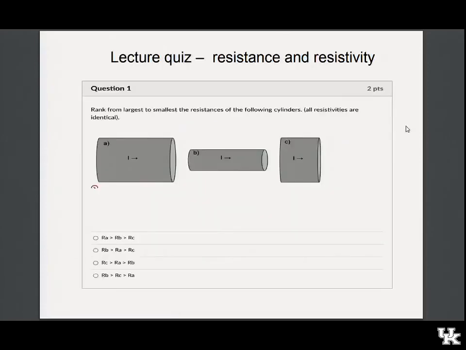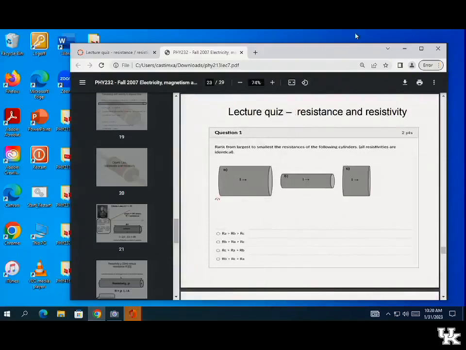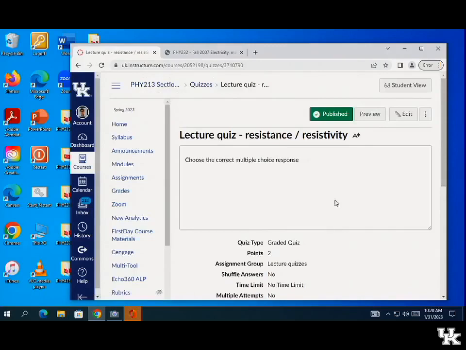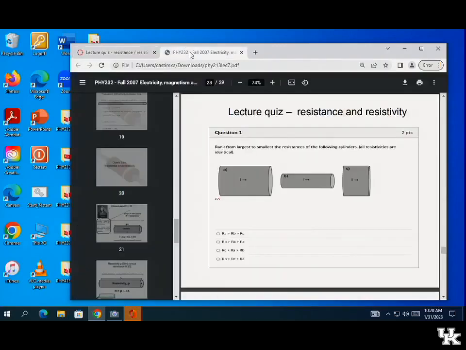Oh, a little quiz. Okay, so hopefully you can see this quiz. I've made the end date midnight, just because not everybody can.